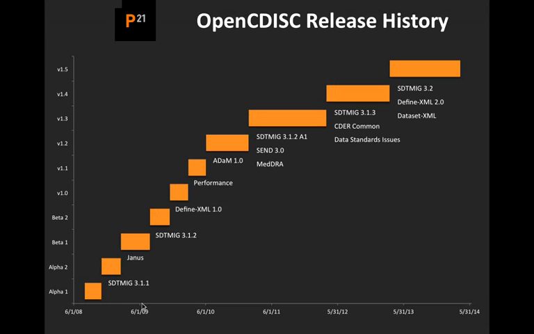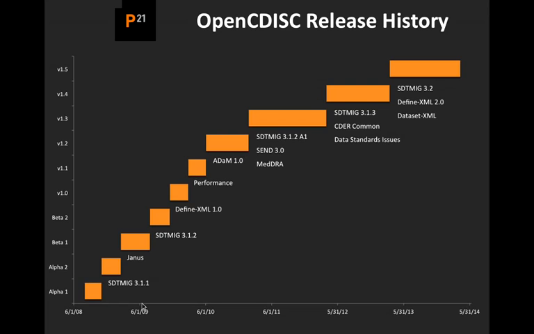If you take a look at the slide, it puts the whole history in perspective for OpenCDISC. Like I mentioned earlier, we started over 6 years ago with the first Alpha 1 release, which came out, I believe, at the beginning of November of 2008.